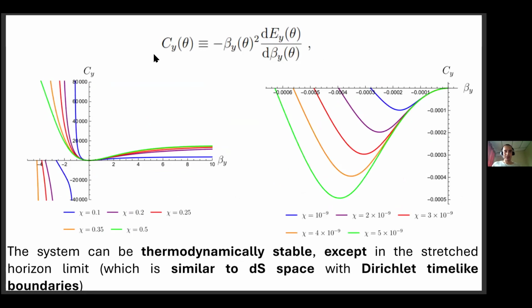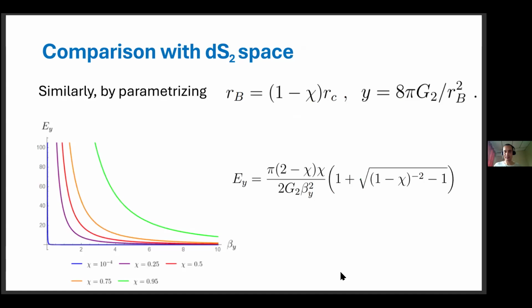And something nice to compute is also the so-called heat capacity. This is something that tells you about the thermodynamic stability of the system. You see that exactly as in de Sitter-2 space, the heat capacity becomes negative when you're very close to the black hole horizon, or there's also a cosmological horizon that I didn't describe. This is with the Dirichlet boundary conditions inside the static patch of de Sitter space.